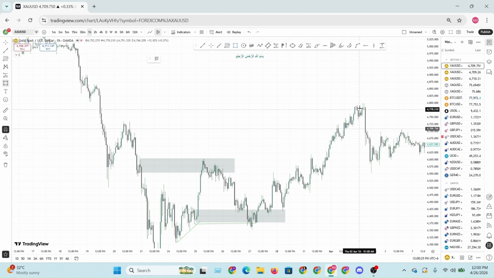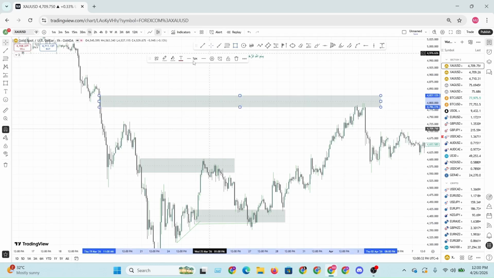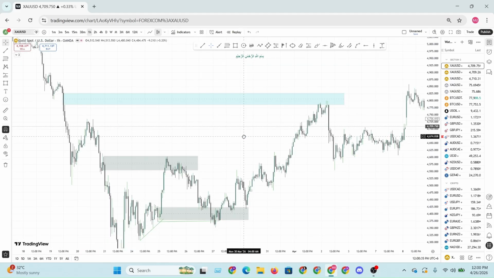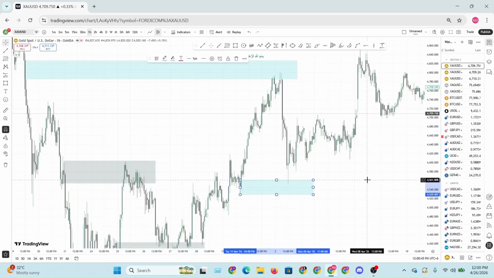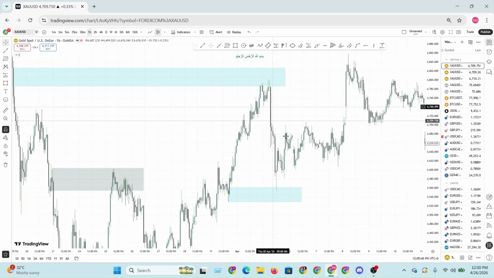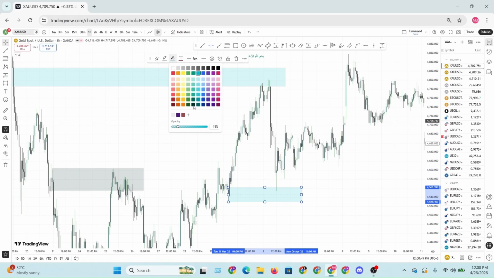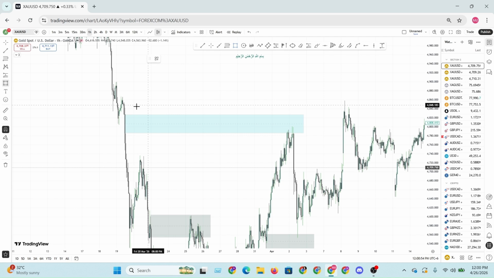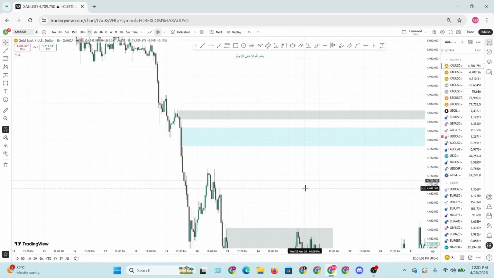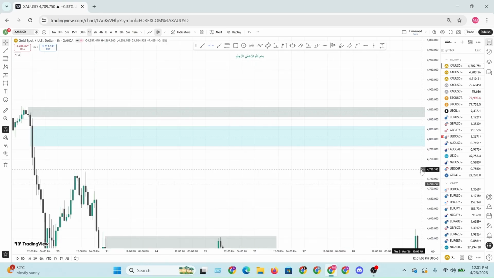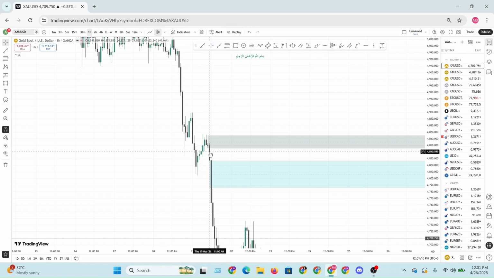This POI two again. Let me zoom. If you zoom in, you can see there is an FVG.